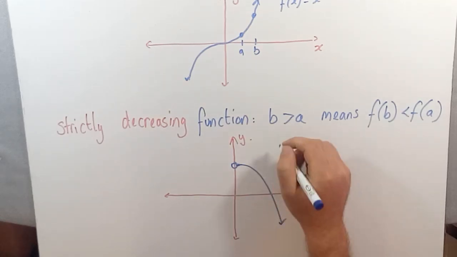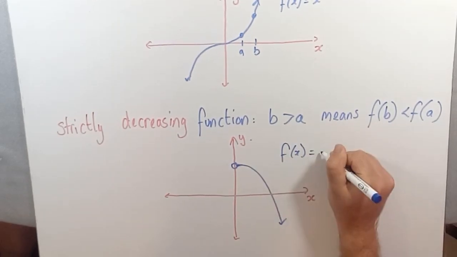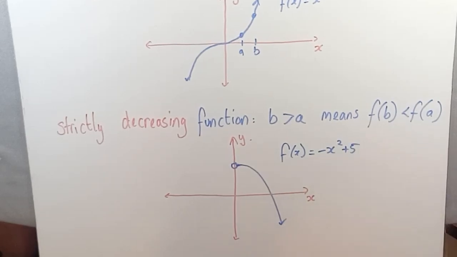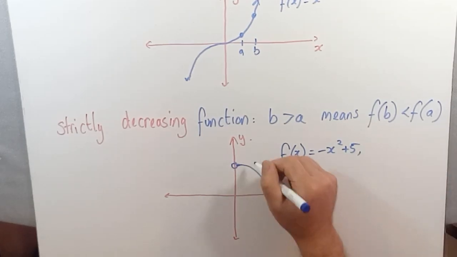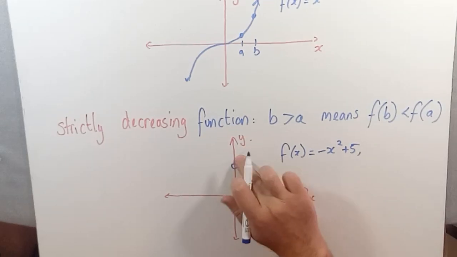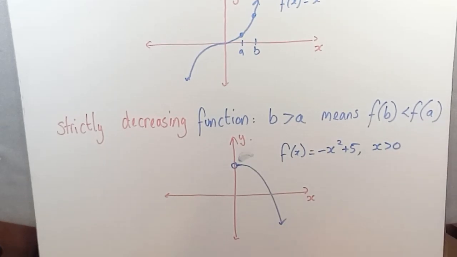Okay, so you might have f of x is equal to -x squared plus 5. Okay, this is a strictly decreasing function for the domain, so we should have put that in there. Oh, I'm going to run out of room. Let's just put it over here. It's not the best notation, but you get that.